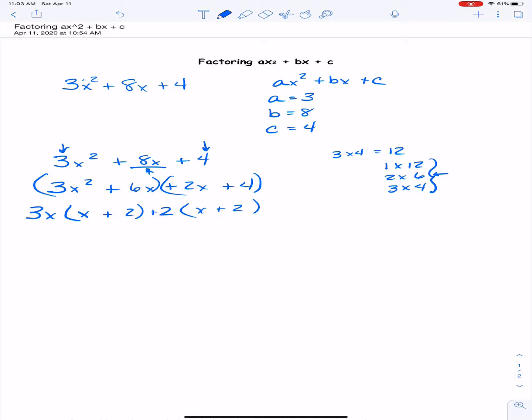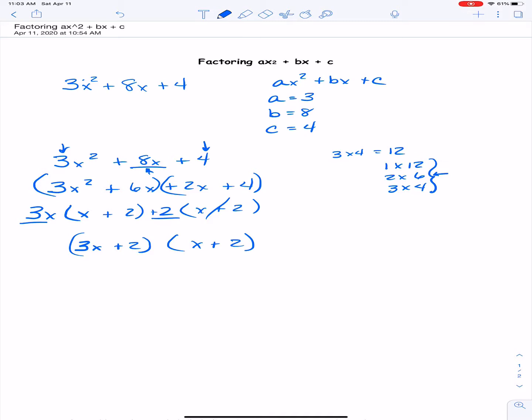Now the next step is we take our coefficients, the 3x and the plus 2, and put them together. We're only going to take one of our x plus 2's. And so there is your factored form of our original equation, 3x squared plus 8x plus 4.